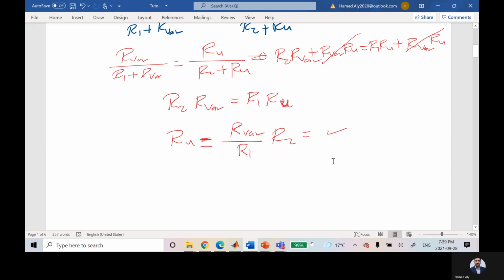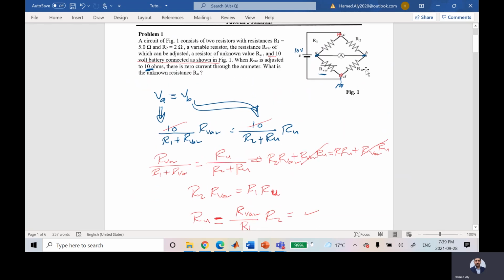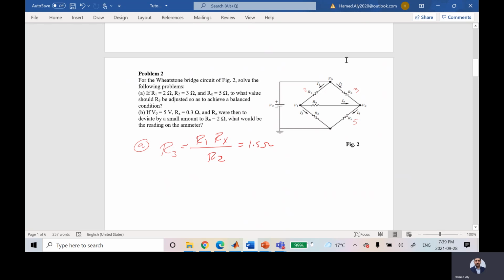So if you look at this identity, RU, which is this guy, is equal to R variable divided by R1 multiplied by R2. So if you are looking for this, it is R variable divided by R1 multiplied by R2. The same here.